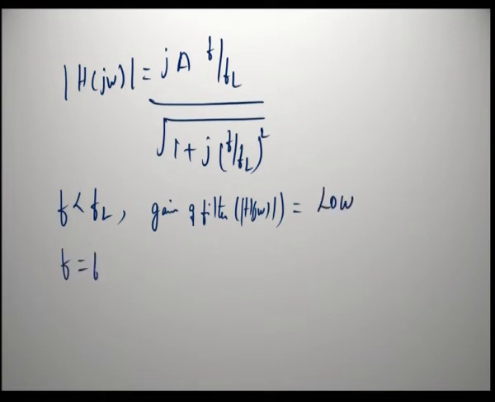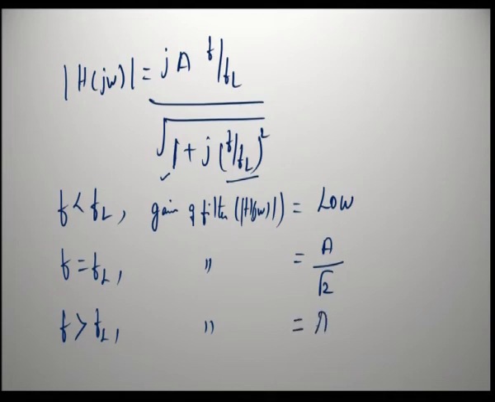If f is equal to fl, this term will be equal to 1, and so the gain is equal to A by root 2. If f is greater than fl, the term in the denominator will be neglected when you compare it with the other term, and you will have the gain as A.